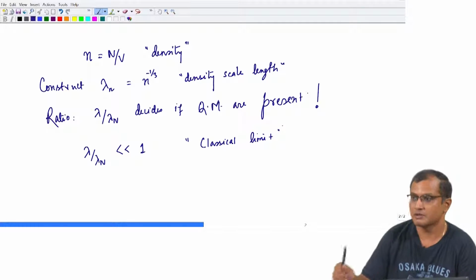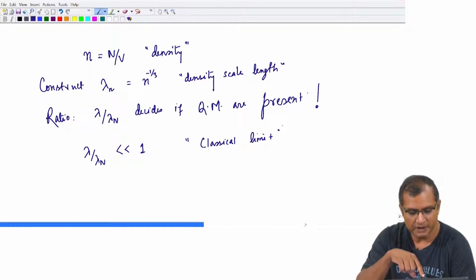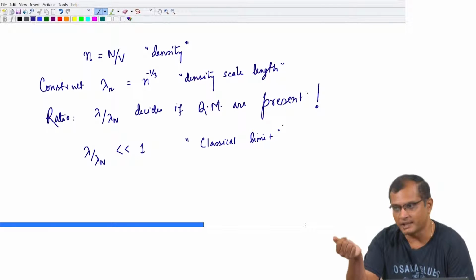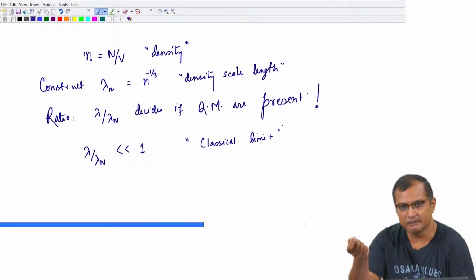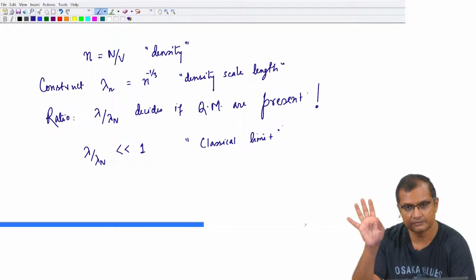So, your density is fixed to some length scale. Now, if your de Broglie wavelength is much smaller, which means your temperature is too high, that is the high temperature limit. So, your quantum mechanical effects are almost gone.